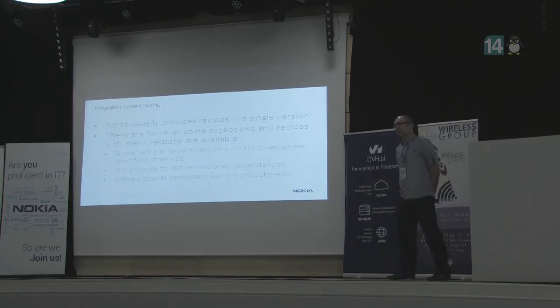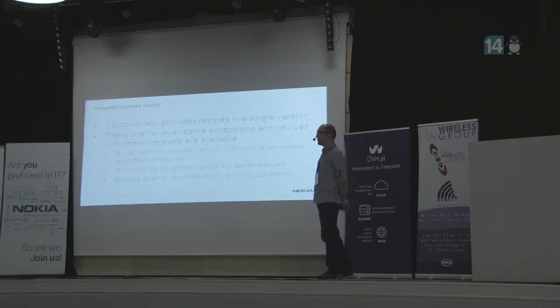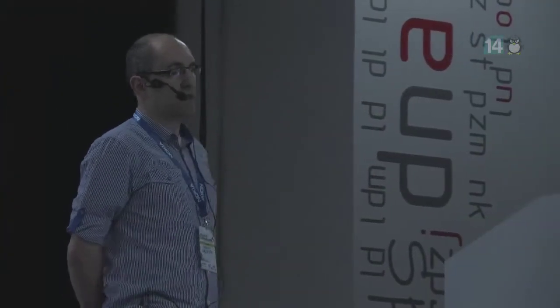There are, however, exceptions, and even though they are not visible very often, sometimes we notice that a component delivers itself with a few recipes, and the recipes describe multiple versions. The default behavior of Yocto is that the newer version will always be picked unless decided otherwise.